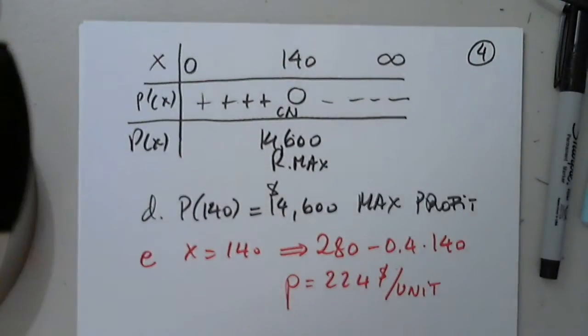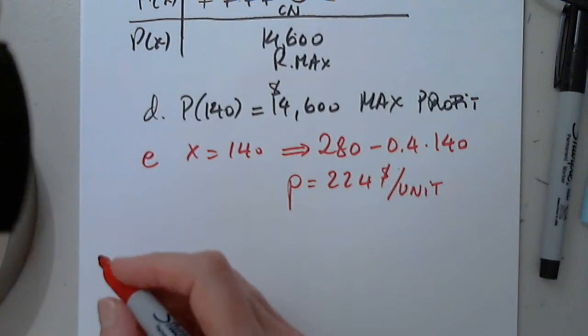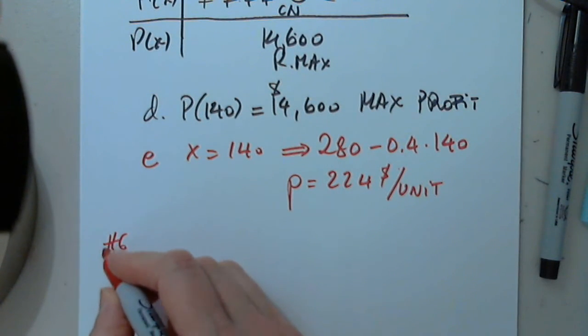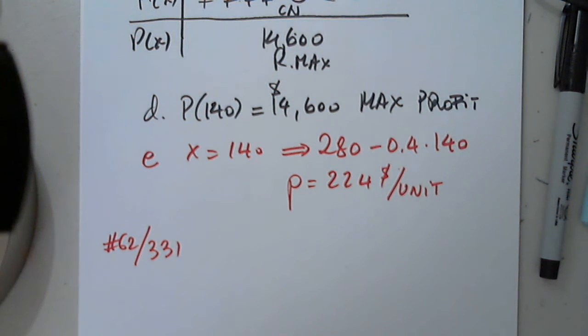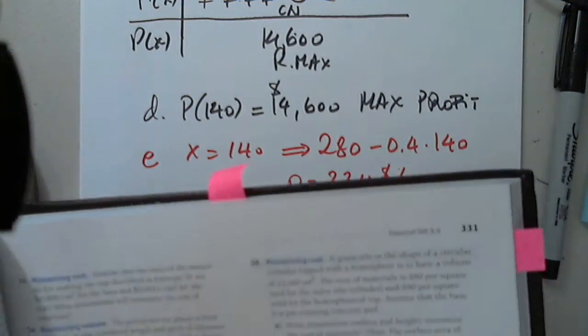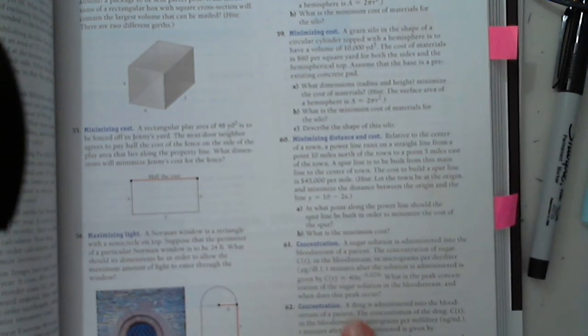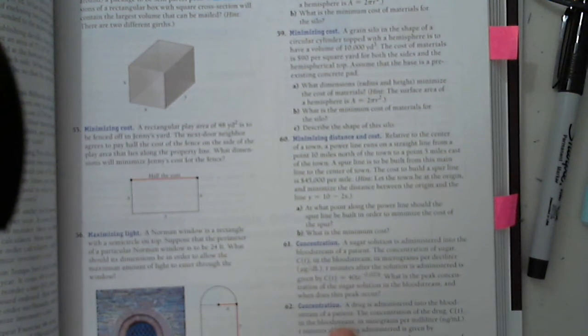Okay, let's illustrate what we're trying to do here with another problem. 62 on page 331 caught my eye. Concentration. A drug is administered into the bloodstream of a patient.